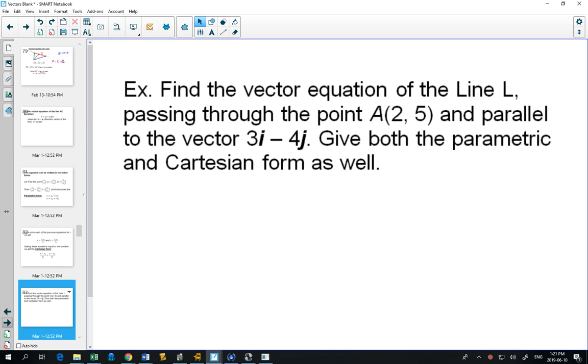Find the vector equation of the line L passing through the point (2, 5) and parallel to 3i minus 4j.